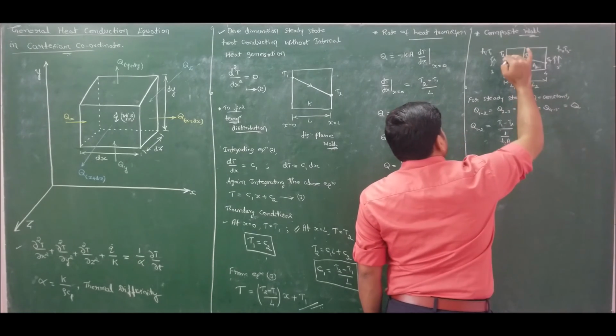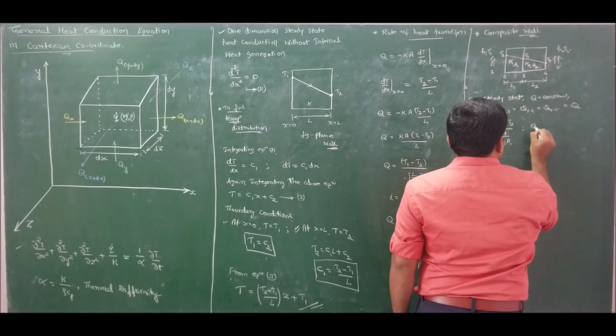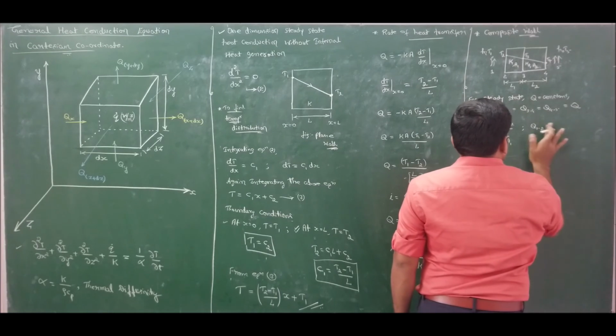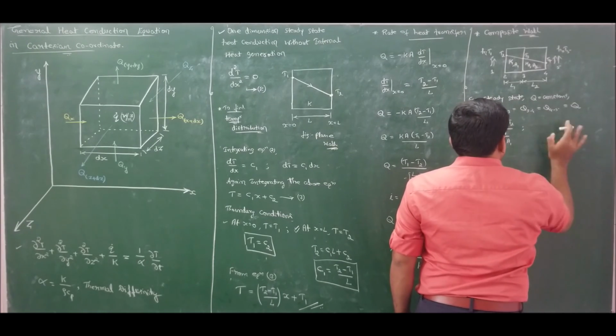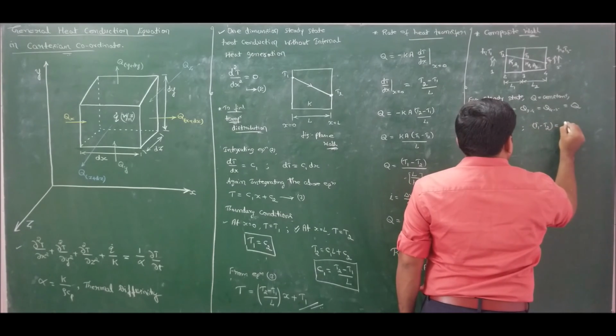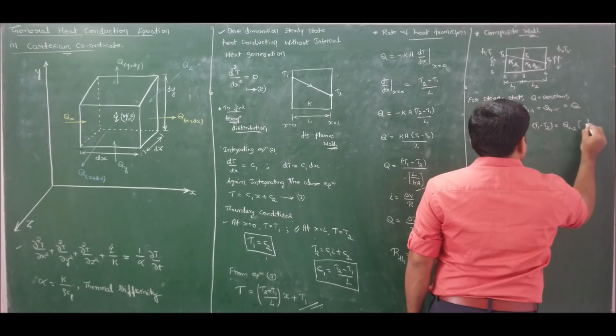So therefore I will get the temperature difference T1 minus T2 as Q1 to 2 times 1 by Hi A1.